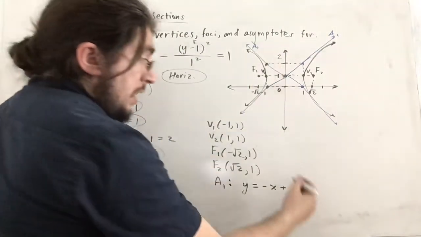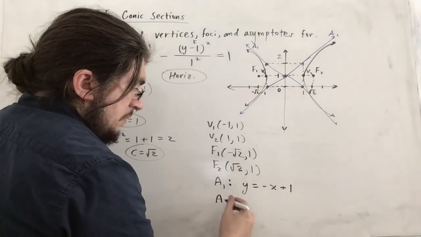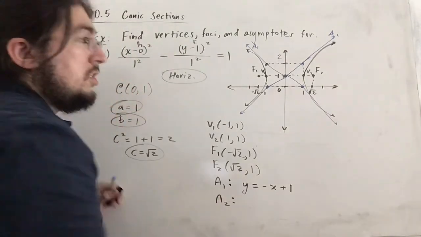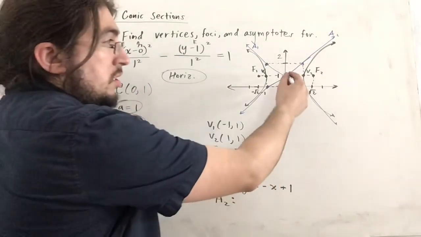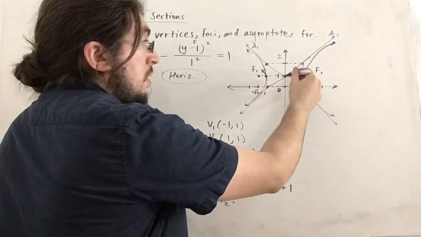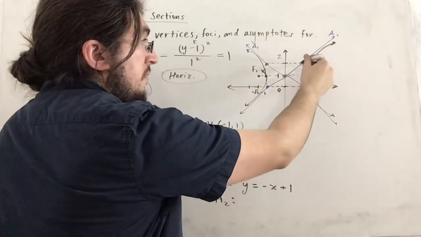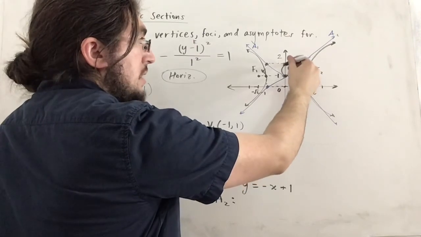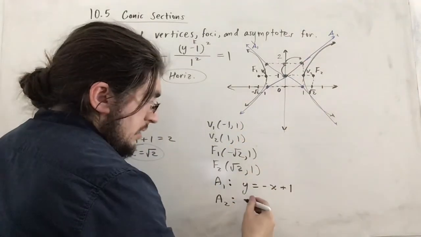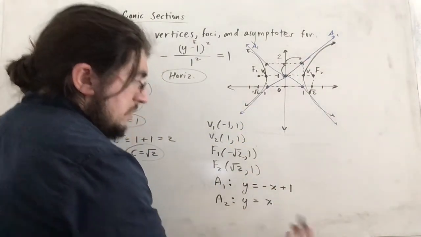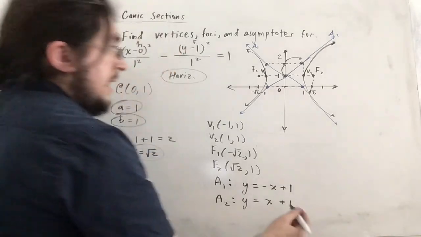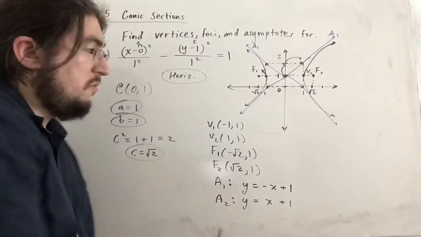The y-intercept is positive 1. And very similarly, asymptote 2 will have equation, well, the slope is positive 1 over 1 because you go up 1 and over 1 to get from one point to the next, just like this. And so that's going to be y is equal to positive 1x, which is just x, plus 1, again, because the y-intercept is positive 1.